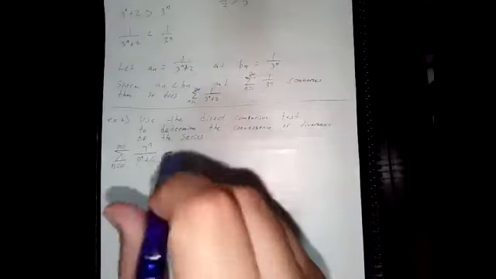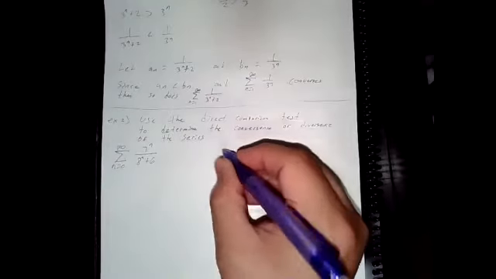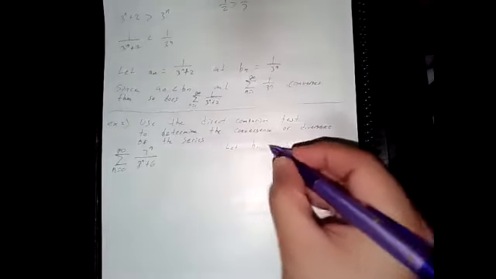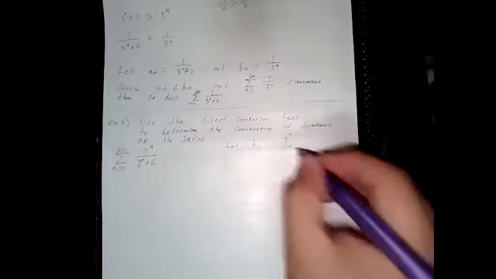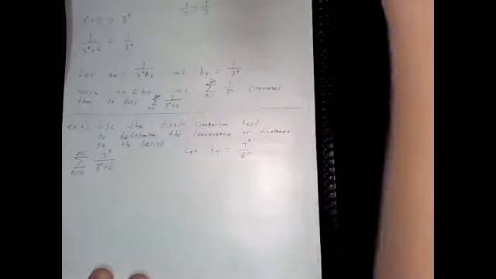Since we have a power up here, I'm going to choose b sub n to be 7 over 6 to the n, which is the same as, let me move this a little bit.